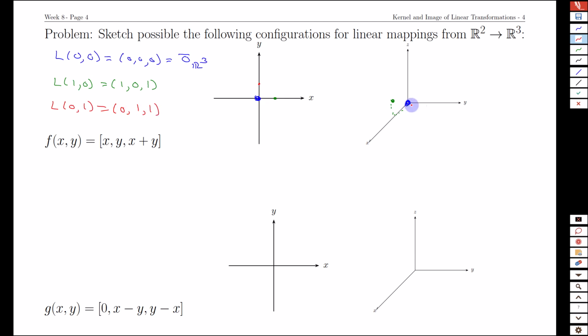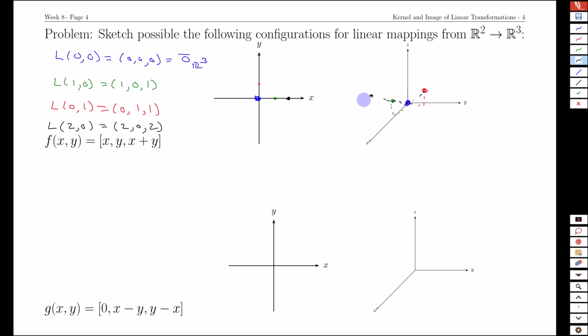And that is 0 in X, 1 in Y, 1 in Z. And let's do one more. Let's do 2, 0 here. So L of 2, 0 is going to be 2, 0, 2. Okay, so that's in a line along here. You imagine a line along here.